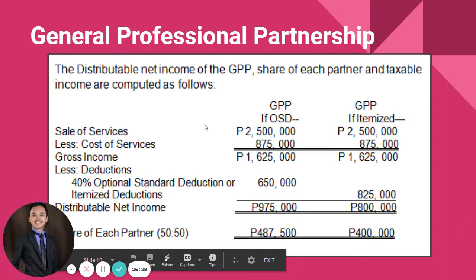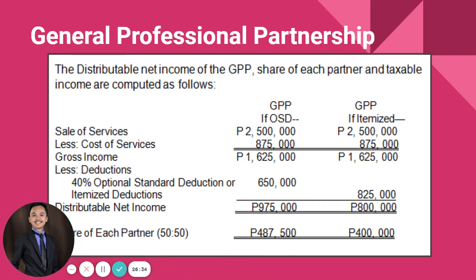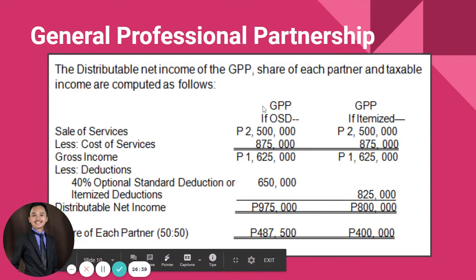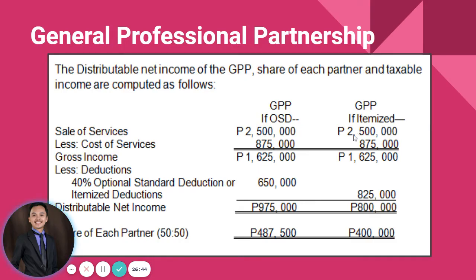Okay. So let us compute the distributable net income of the general professional partnership and at the same time the share of each partner. Okay, so we have here two assumptions: assuming the partnership opted to use OSD, and the partnership opted to use itemized. So again, guys, we simply base it on our gross income.